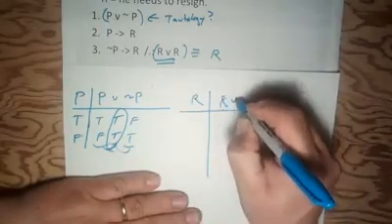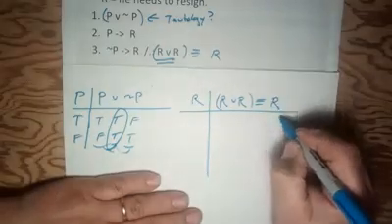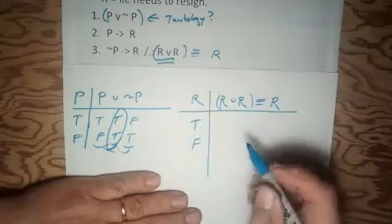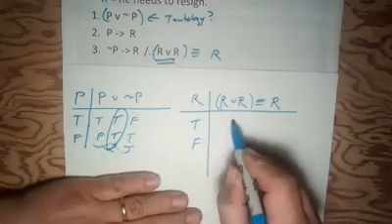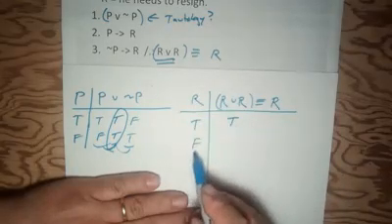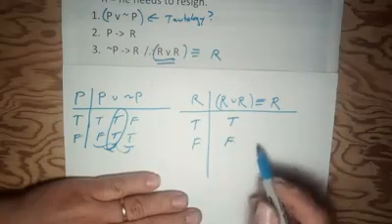is R or R logically equivalent to R? So R or R is true on the first row, and since neither R is true on the second row, that would be false.